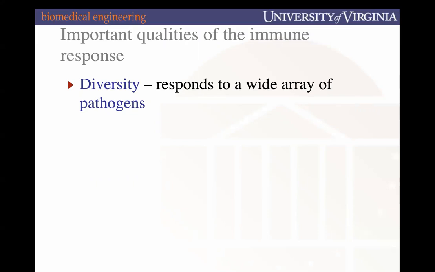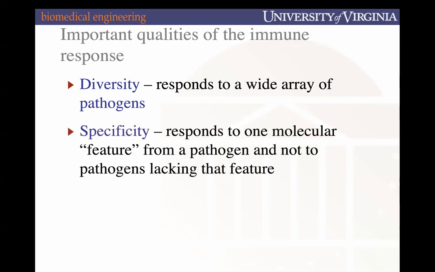For our innate immune system, there's a specific set of pathogens that our innate immune system is able to respond to, and part of that's because it recognizes specific qualities or patterns or features on microbes or on cells that are not supposed to be there.